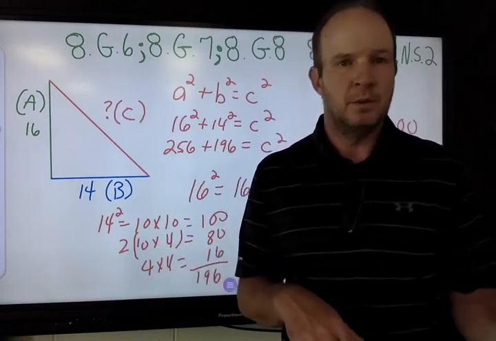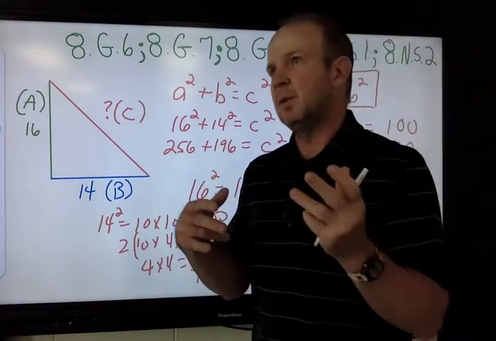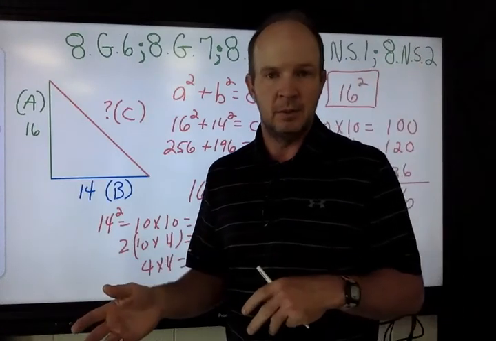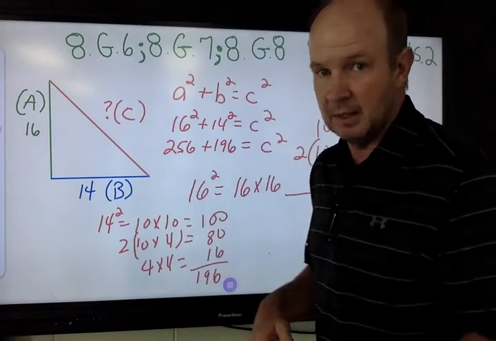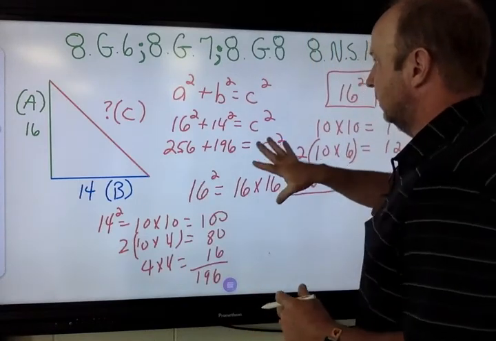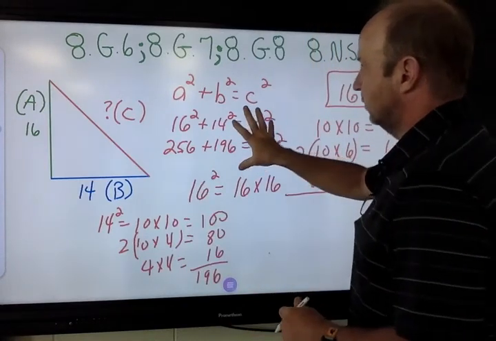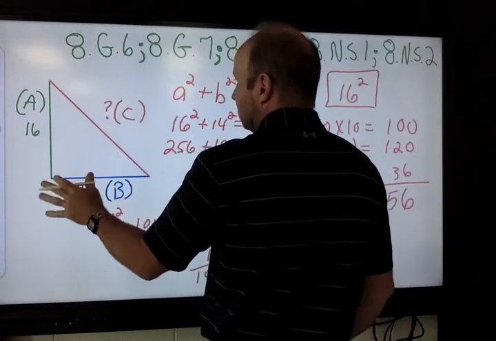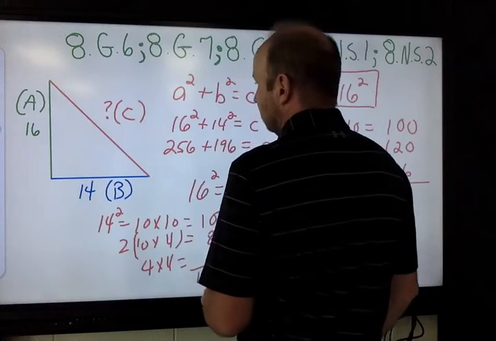You have 400, you have 60, which is 120, 400 and 120 is 520, and 3 squared is 9, so it's 529. It's just a perspective to learn to understand the relationship between squares, and also helps you with solving Pythagoras just in your mind without having to use your calculator.